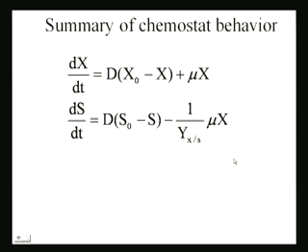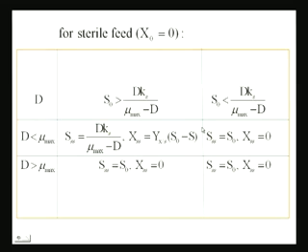These are the equations which I am sure you had already written down, so there is no point spending any more time on this. dx dt equals this and ds dt equals this, and mu equals mu max S over Ks plus S. What I will next do is summarize the results we looked at. This is the feasible range of solution, just as we discussed, there are two constraints for this to happen.